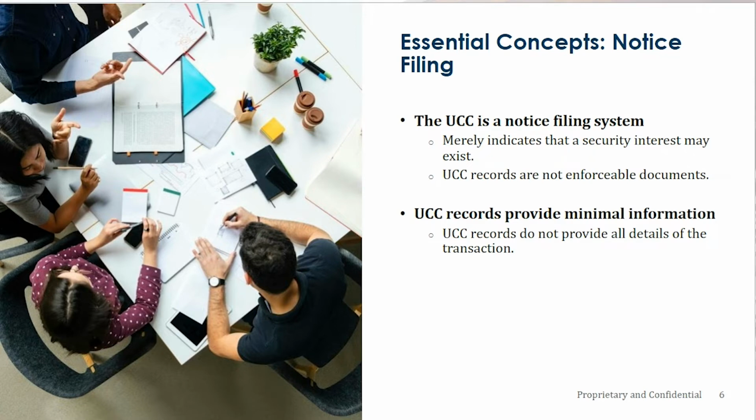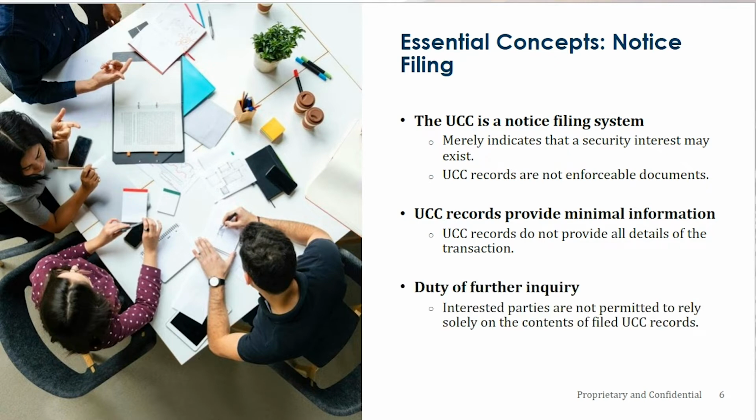The idea there is that certain aspects of a transaction are private and should remain private, but the UCC just lets you know that certain parties engaged in a transaction where certain items of collateral have been pledged. And clearly, this is the most important concept for everyone today, and that is the duty of further inquiry.